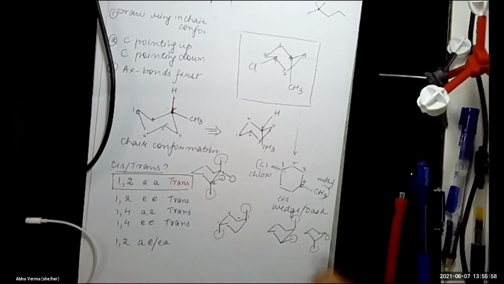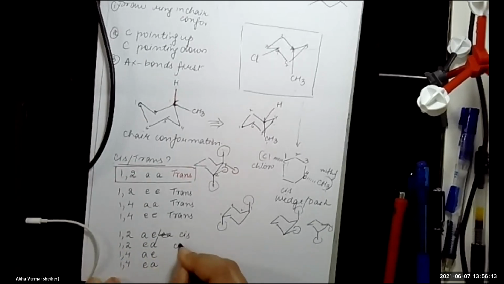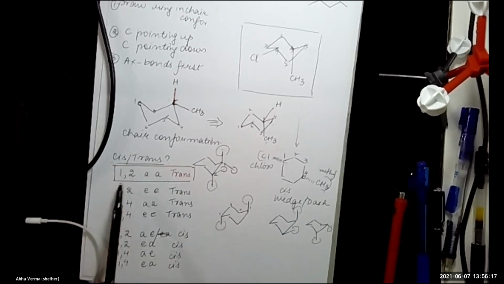This is still cis. 1, 2 axial equatorial, equatorial axial, 1, 4 axial equatorial, equatorial axial, all of these will be cis, just because they are not 1, 2 axial trans.